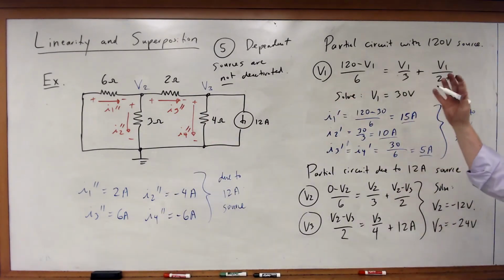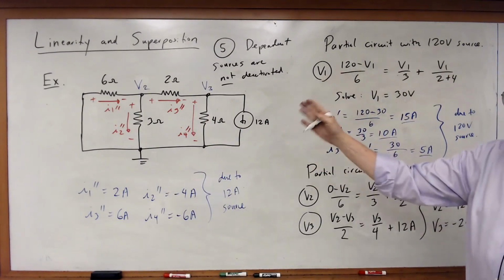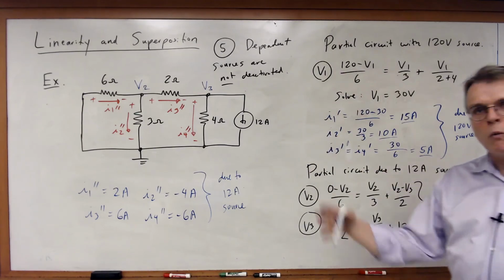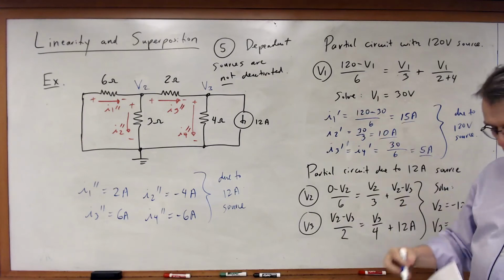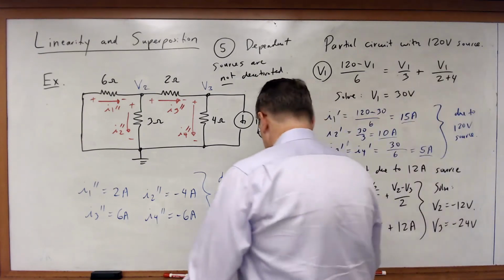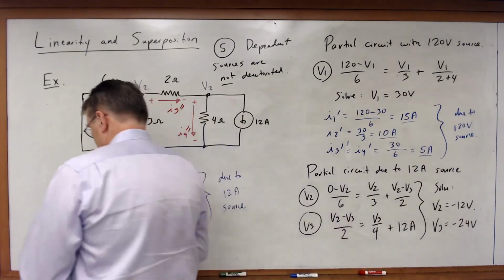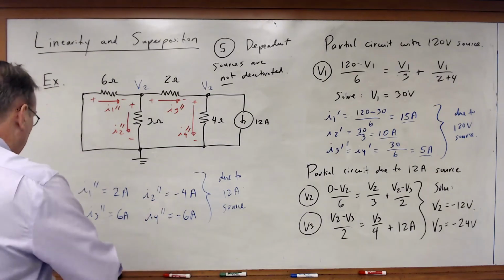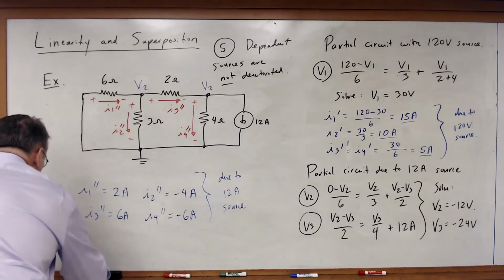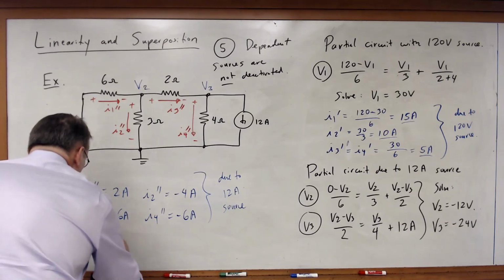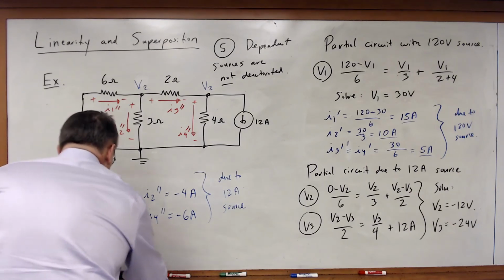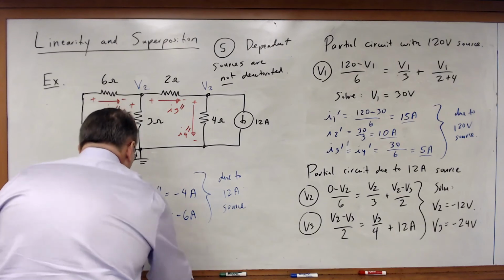All right. Now, what are I1, I2, I3, and I4? What are those original currents? Now I just go through and I add together the partial currents. So in this case, I1 is equal to I1 prime plus I1 double prime will be equal to 17 amps.